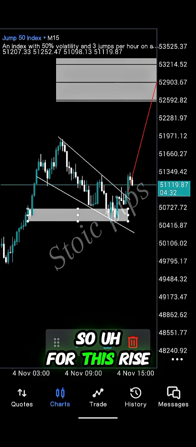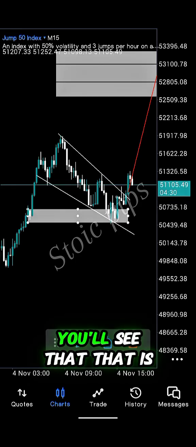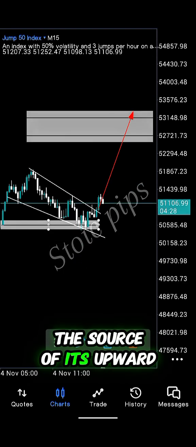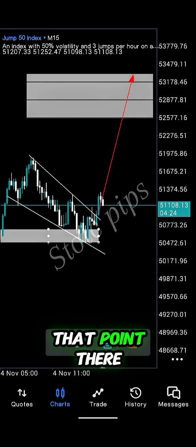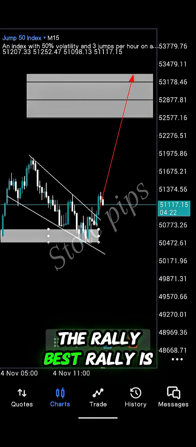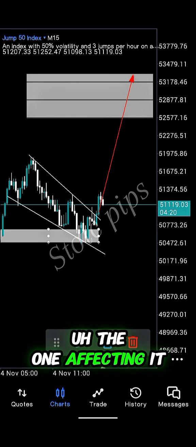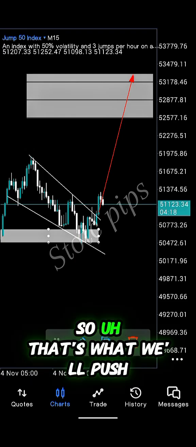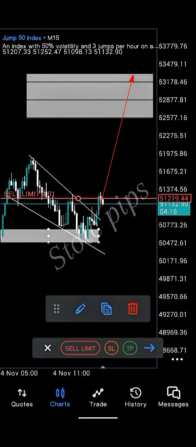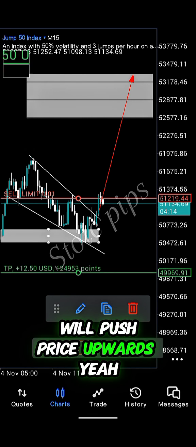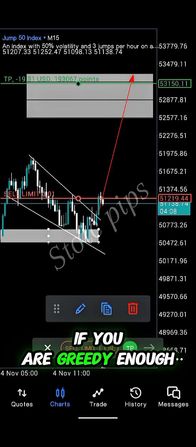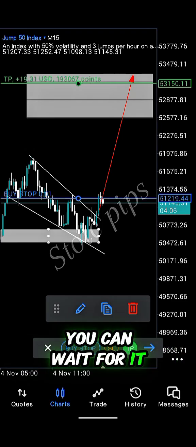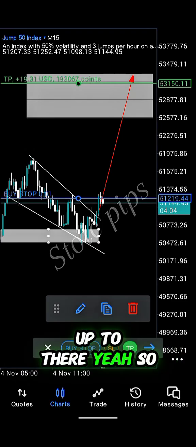For this falling wedge, you'll see that is the source of its upward movement. That point there, the best rally, is the one affecting it at the lower zone. So that's what will push price upwards. In terms of your TP, if you are greedy enough, you can wait for it up to there.